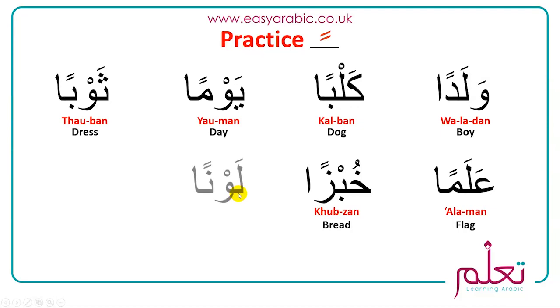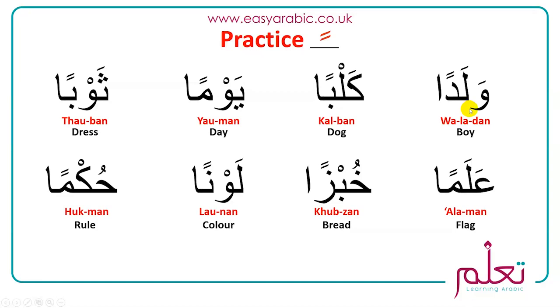The next one is the lam with the fatha and the waw, again this creates the aw diphthong, lawnan, which is color. The next one is the ha with the damma and the kaf with the sukun, hukman. So waladan, kalban, yawman, thawban, alaman, khubzan, lawnan, hukman.